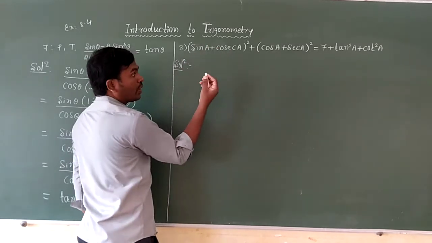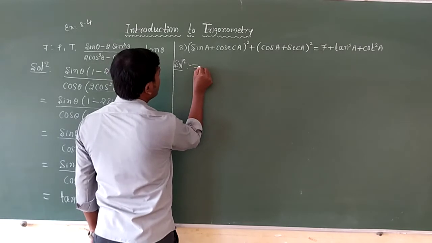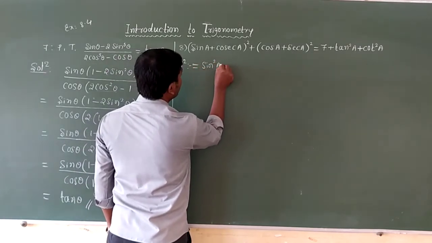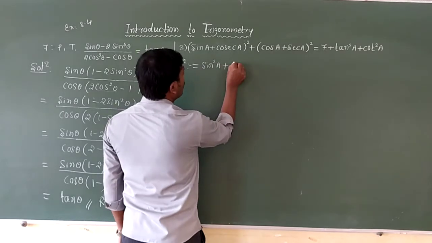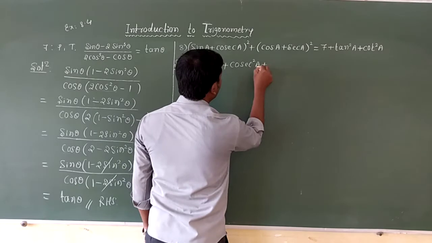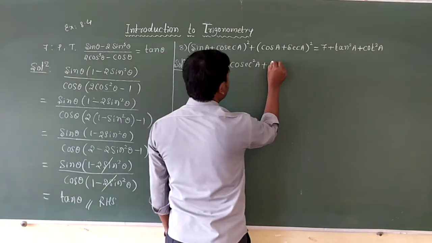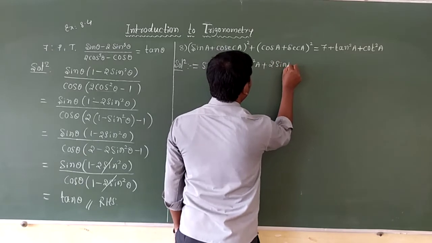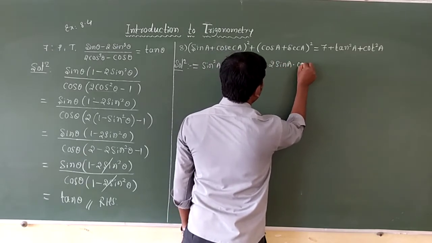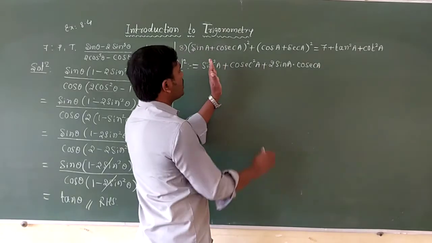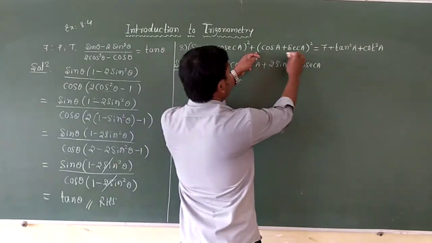So (a plus b) whole square, we know that a square, that is sin square A, plus cosec square A, plus 2 into sin A into cosec A. This is the first part. Let us expand this one also.